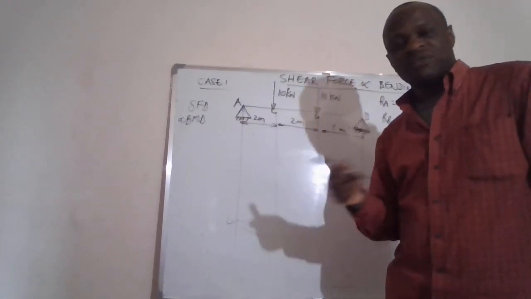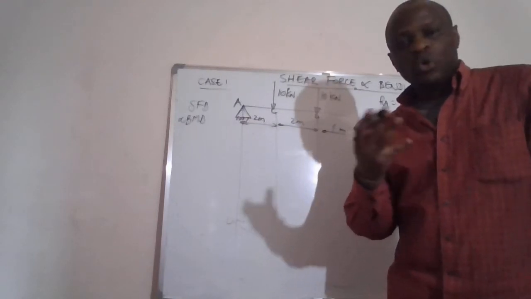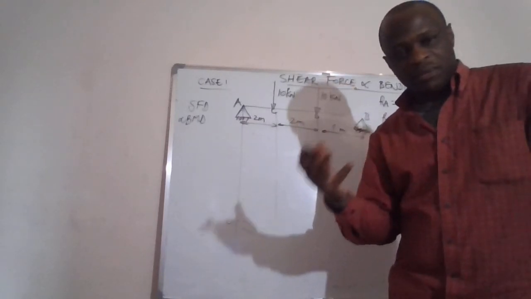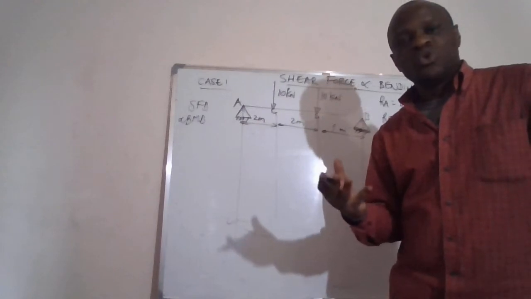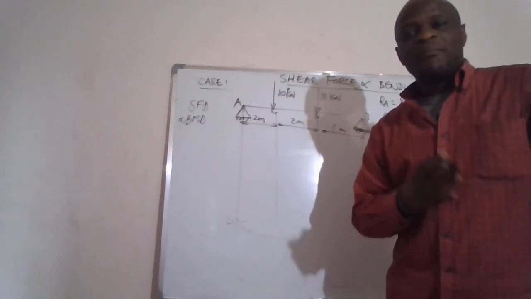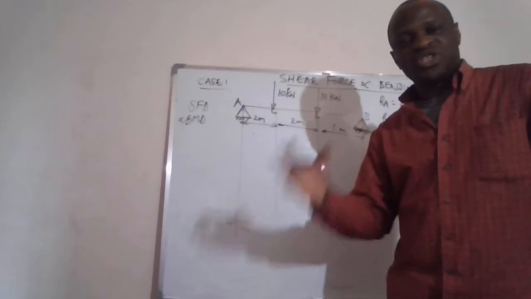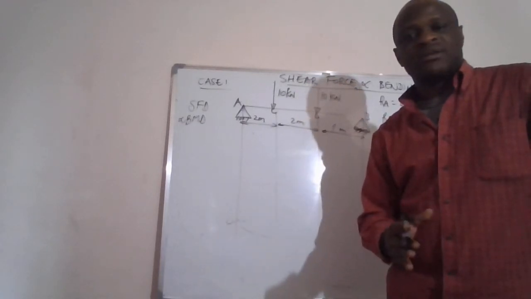Therefore, this section is very important because although we know that the beam will be in equilibrium, we need to know what sections of the beam might be subjected to a shear effect or to the bending effect.